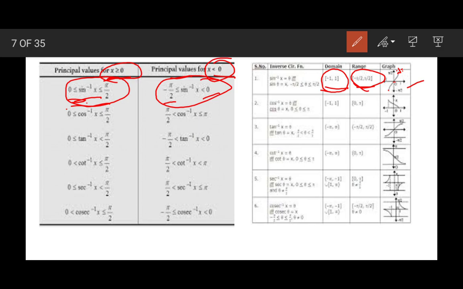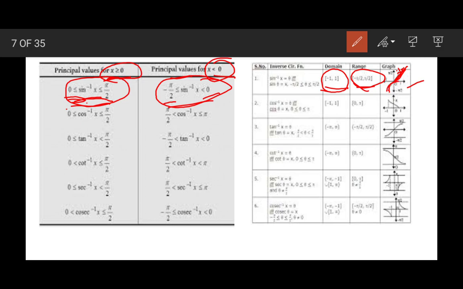So the graph will be like this. For 0 less than or equal to sine inverse x less than or equal to pi by 2, the graph is like this. And for minus pi by 2 less than or equal to sine inverse x less than 0, the graph is like this.